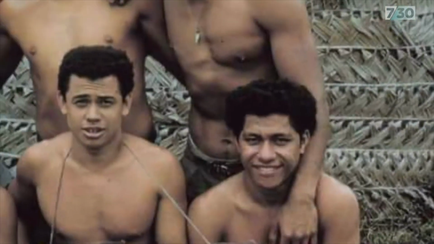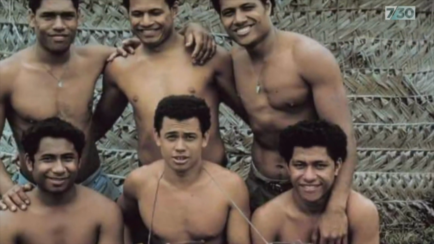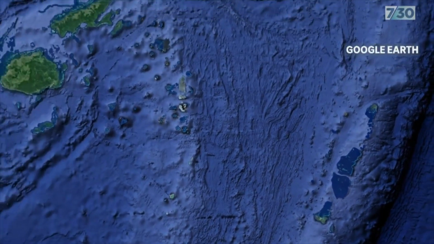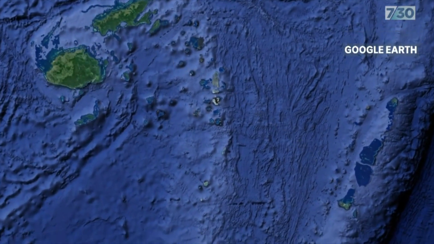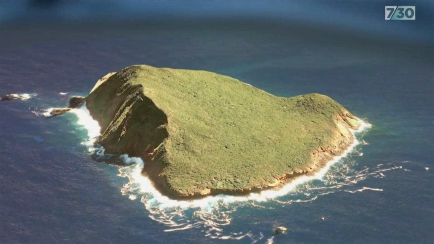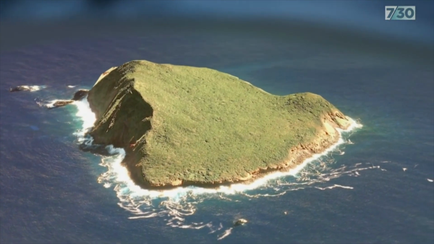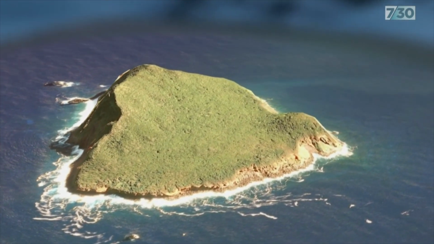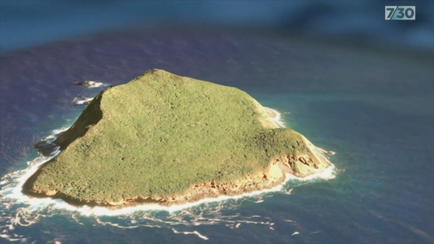In 1965, he was one of 6 teenagers from Tonga who borrowed a boat and attempted to sail to Fiji, only to spend 8 days lost at sea before their boat was wrecked on the coast of a lonely island called Atta. Somehow, they managed to survive there for 15 months.